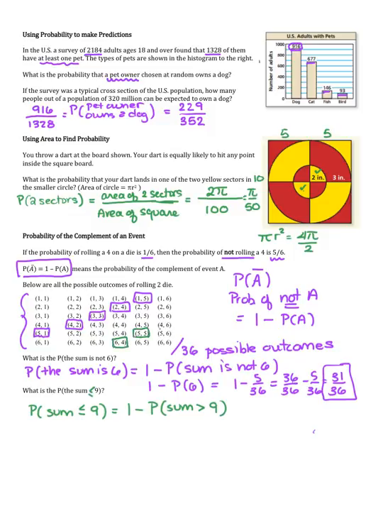So here's 10, 10, 10. All of these are going to be greater than 9. So we have 3, 4, 5, we have 6 of them. So 1 minus 6 out of 36 is going to give us 30 out of 36. So the probability that the sum is less than or equal to 9 reduces to 5 over 6. That's how you would use the complement.